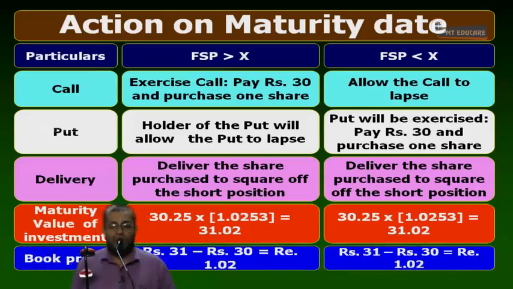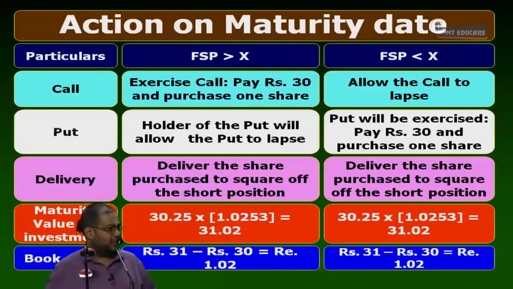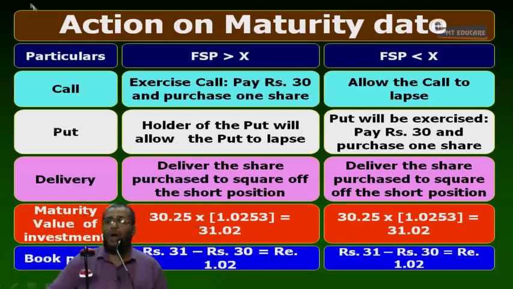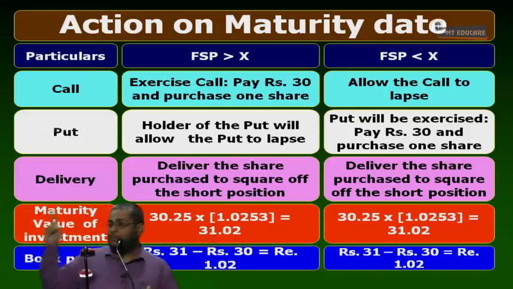Is this profit certain or uncertain? It is 100% sure; it can never be below this. It is a certain profit. The profit is earned after 3 months, but it has been decided today itself. It does not depend on any future cash flow, and it does not depend on FSP.